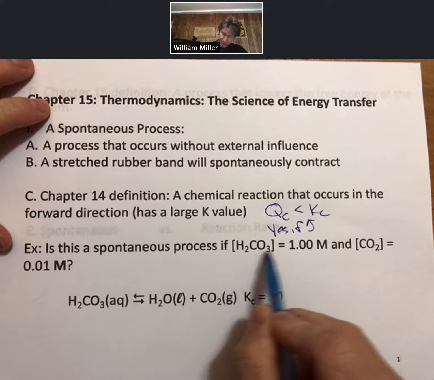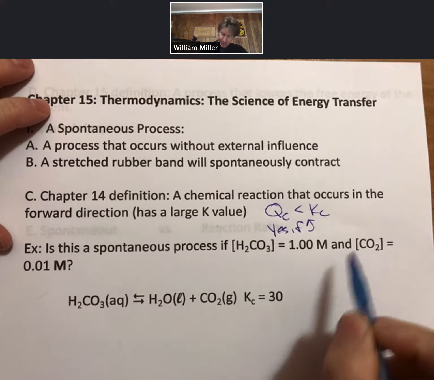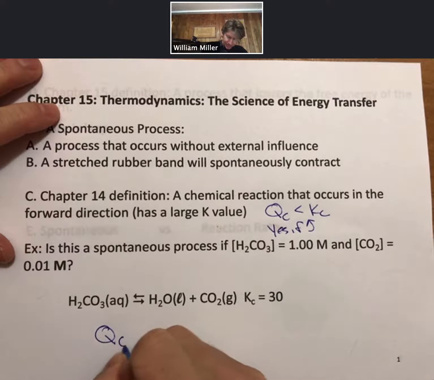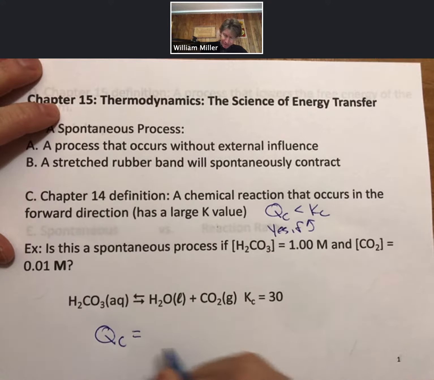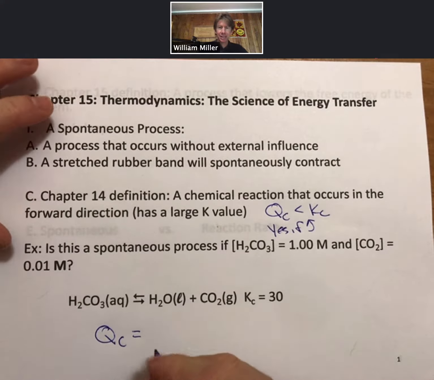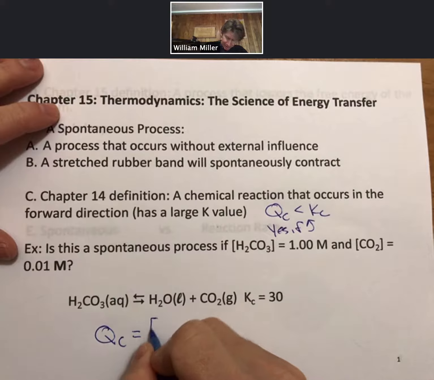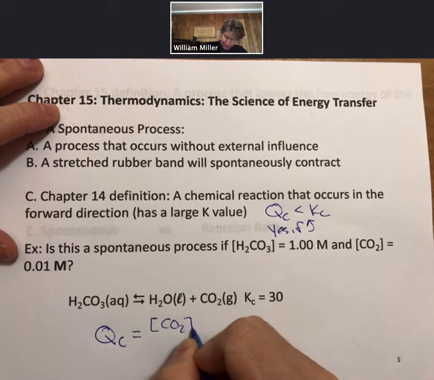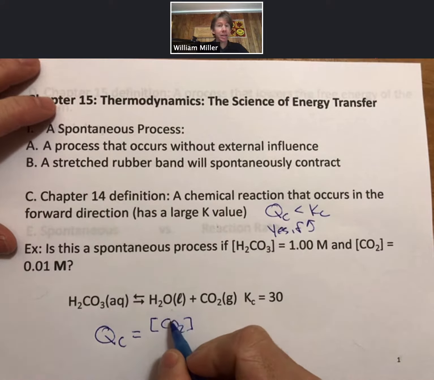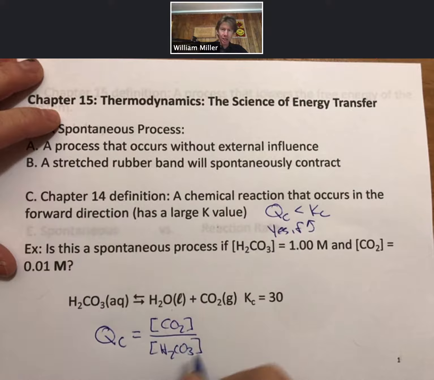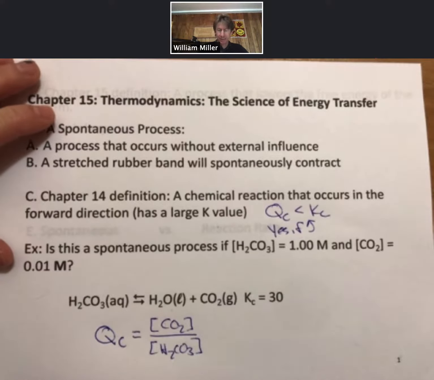If we have the concentrations given here, we have Kc given, and now let's calculate Qc. Qc is going to be the same expression as Kc, except for just any given concentrations. So we have our concentration of carbon dioxide. H2O is a liquid, so it doesn't show up in this reaction, over our concentration of our reactant, carbonic acid.